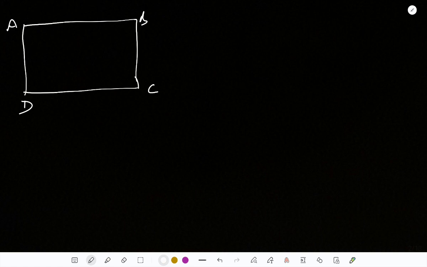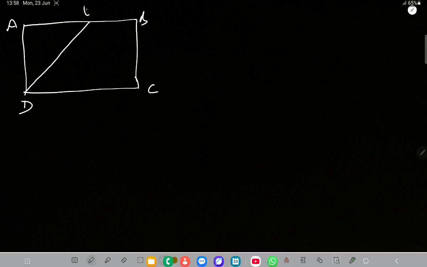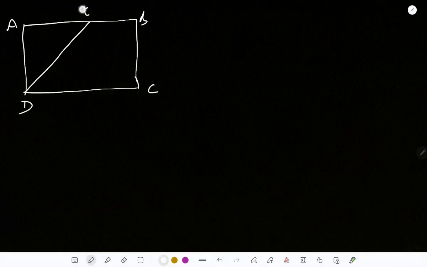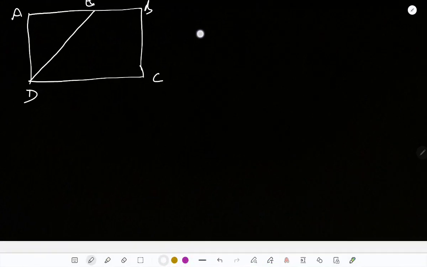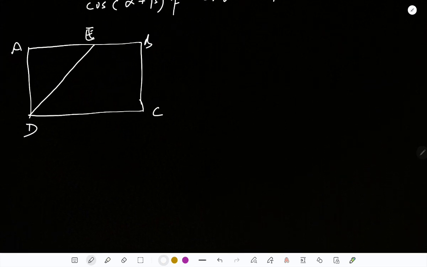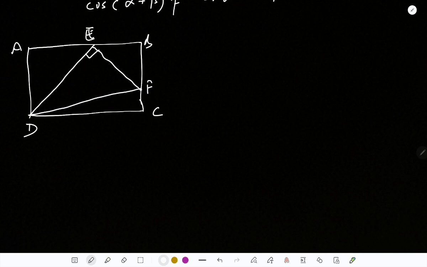To draw the right angle triangle, I choose the point D and draw a line to meet AB at point E. This corner is E, and then I draw a perpendicular to meet the side BC. Here is the perpendicular, and name it the point F, and then join points D and F.